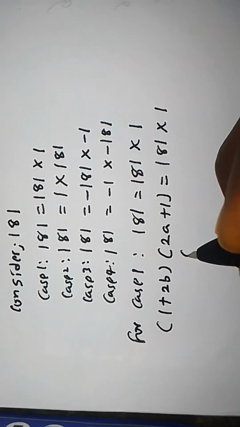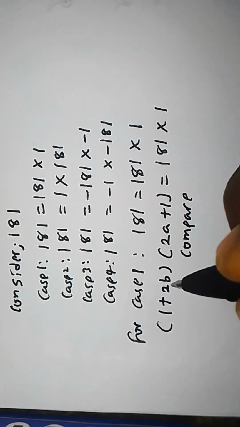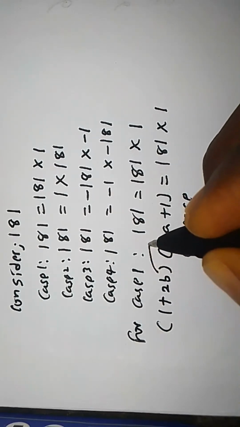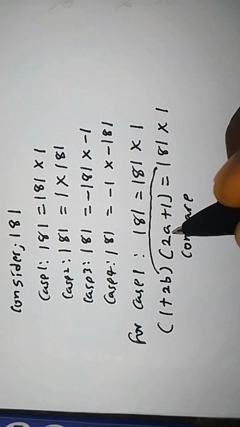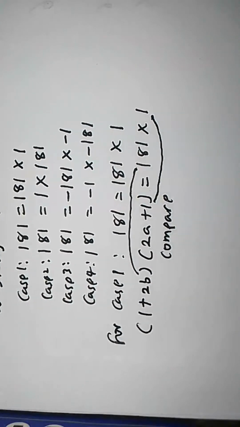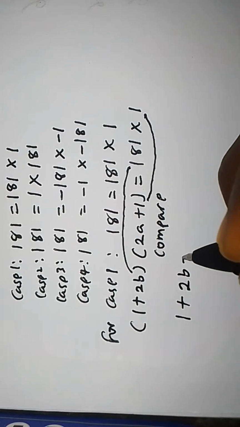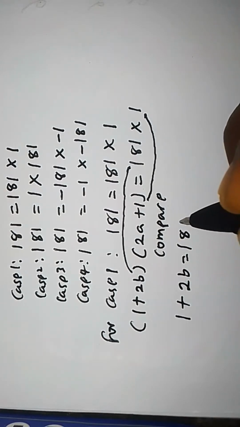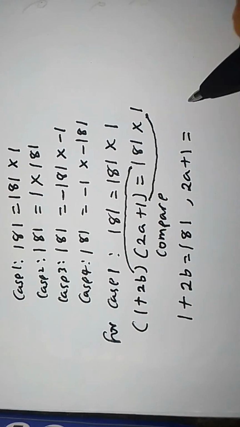Now, let us compare. 1 plus 2b will be equal to 181, while 2a plus 1 will be equal to 1.